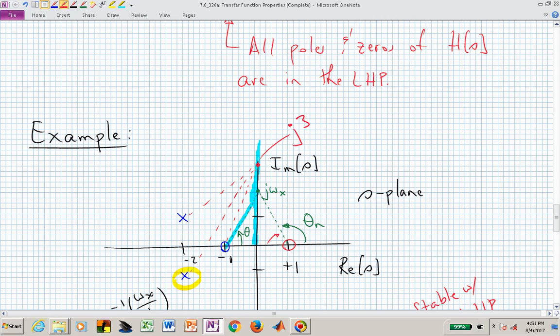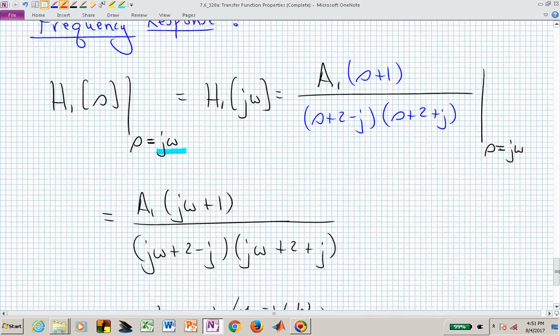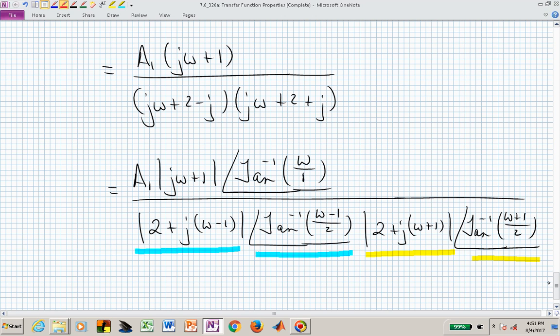We could plug in 3 for omega, evaluate that, and that would give us how this transfer function either amplifies or attenuates, depending on whether the magnitude is bigger or less than 1, and how the angle, the phase, shifts the waveform in time at a sinusoidal excitation of 3 radians per second.